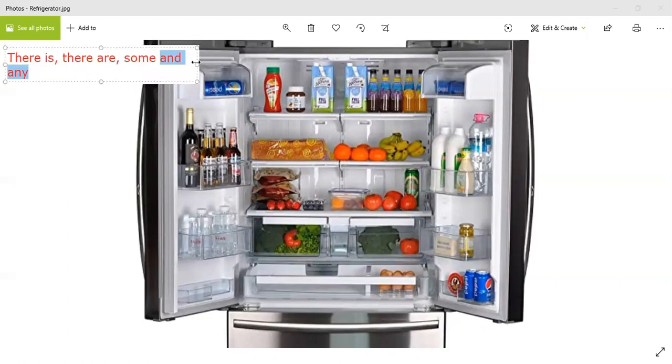We got a refrigerator here. As you can see, this refrigerator has different things. Okay, we got different things here, different food, different drinks. As you notice, we got milk in here.